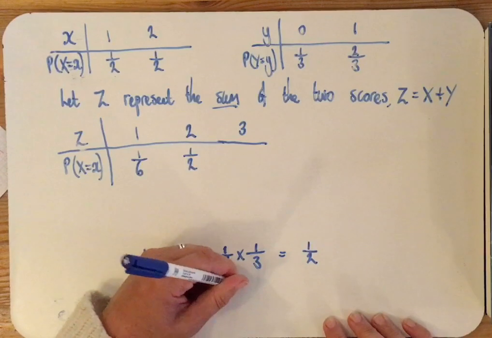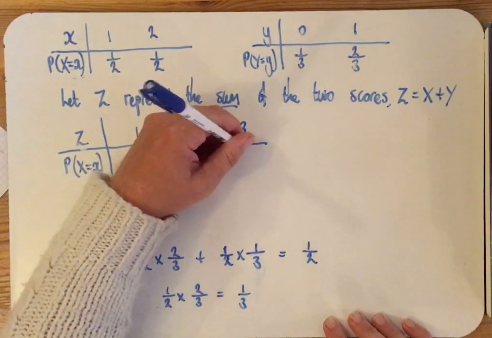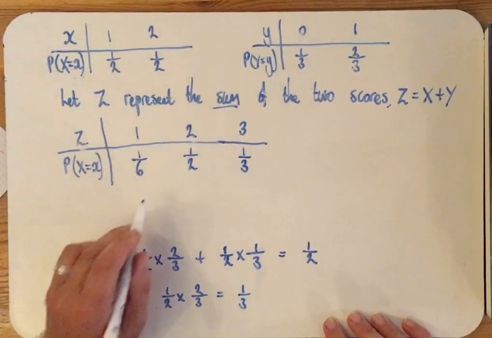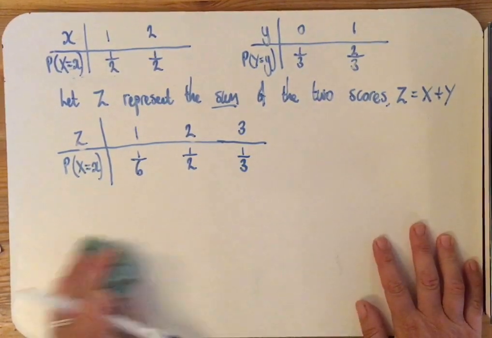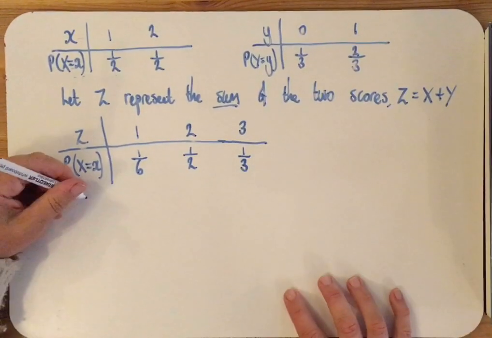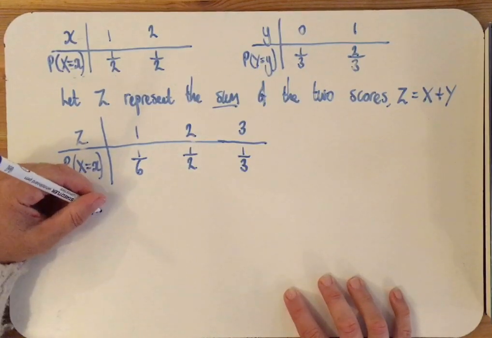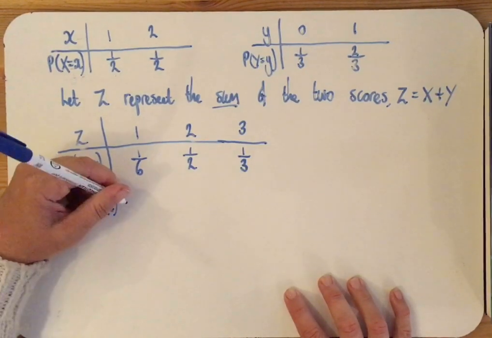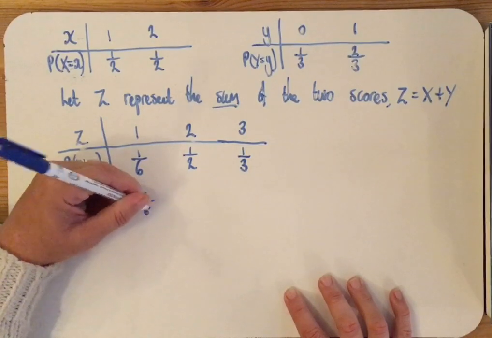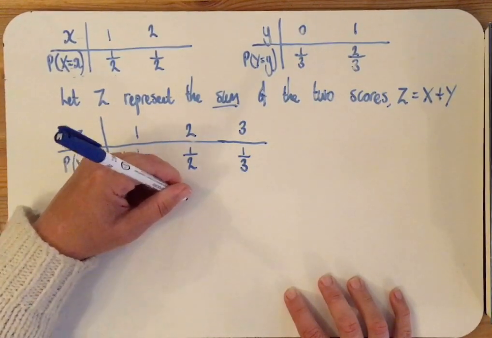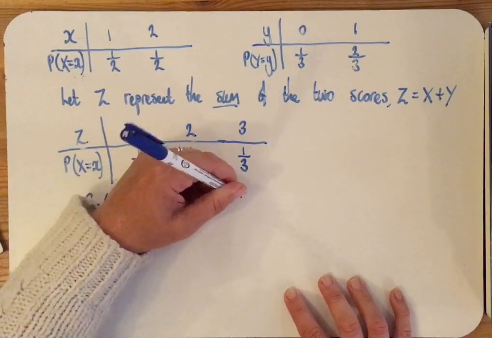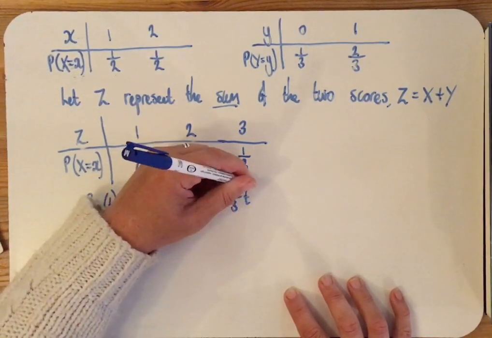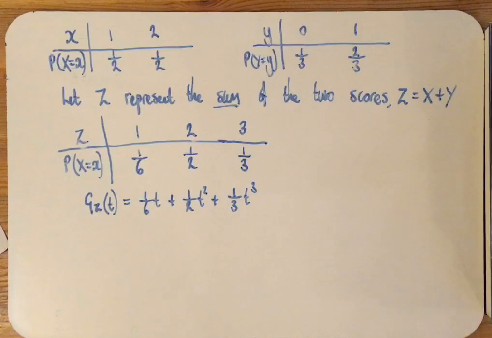And that probability there is 1/3. So they all add up to 1, good. And the probability generating function for Z is equal to 1/6 t plus a half t squared plus 1/3 t cubed.